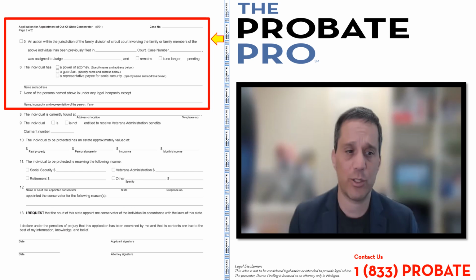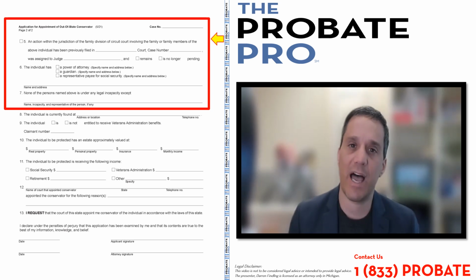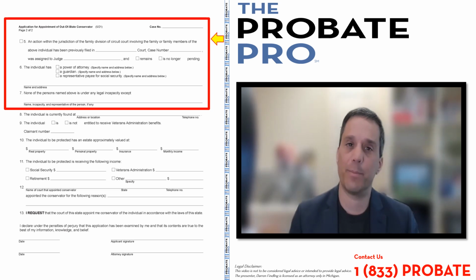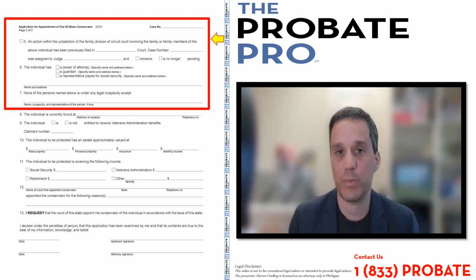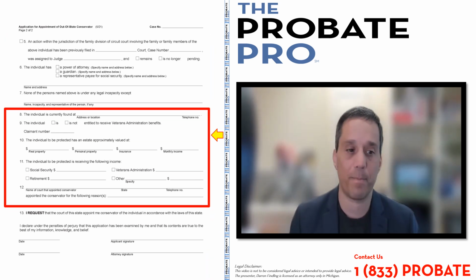Number 6, the individual already has a power of attorney, a guardian, or a representative payee for Social Security. Those checkboxes are identified based on the particular circumstances. 7, if any of the people above that were listed are under a legal incapacity, the identification of those people would be listed in 7.